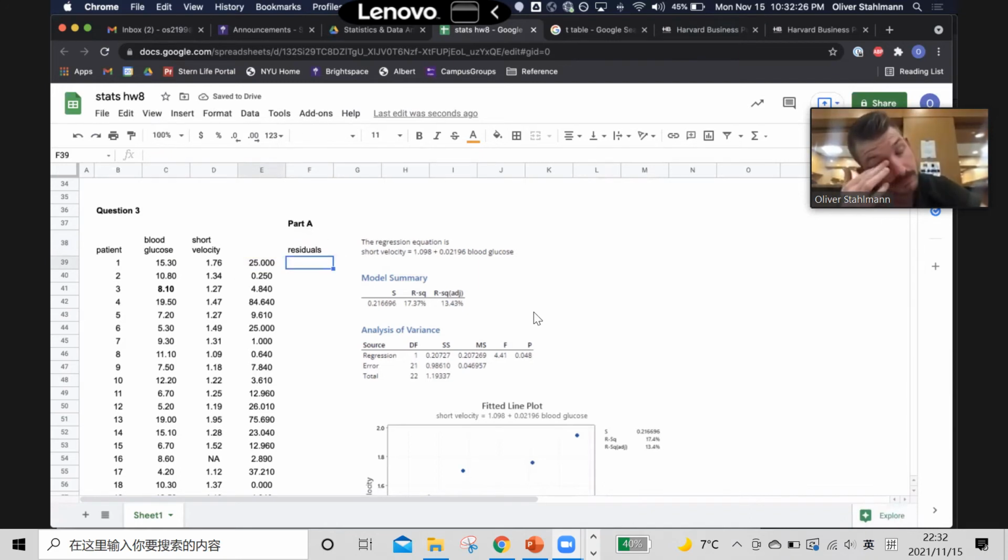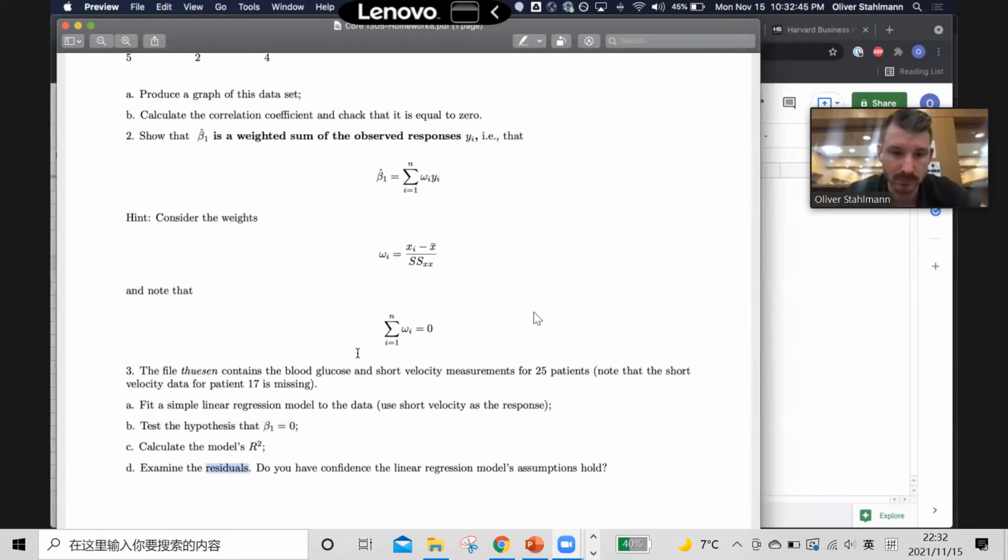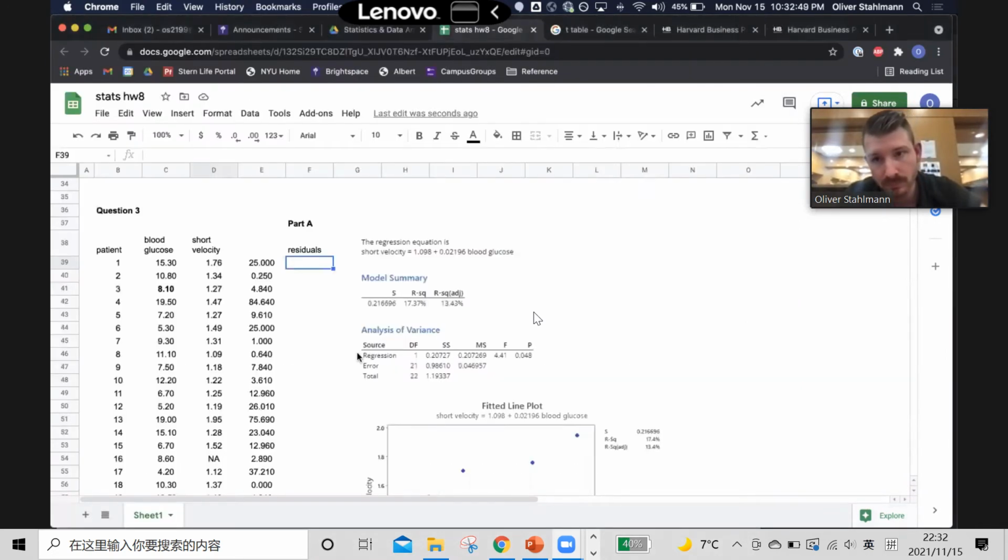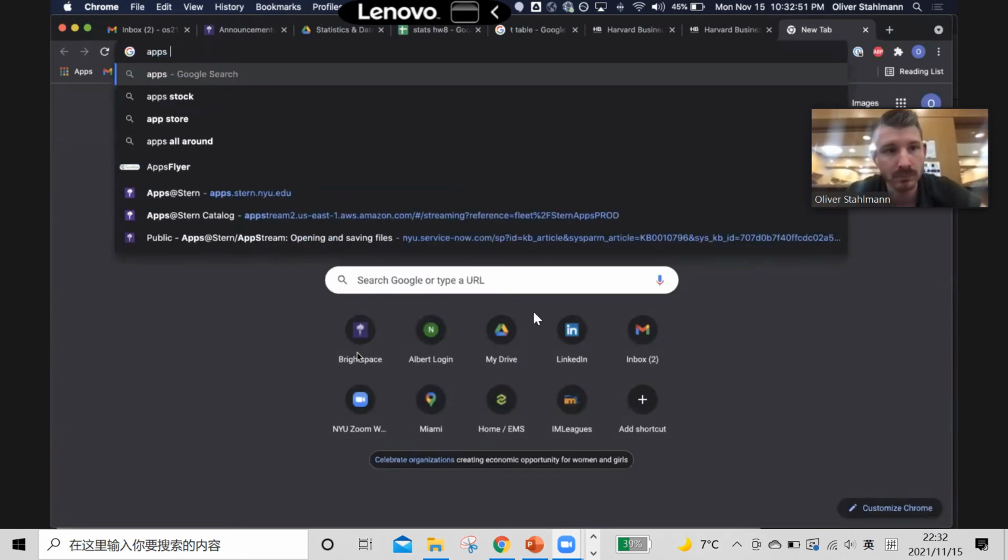By checking that option, the software generates the residual graph for you. By calculating the residuals, you only have 24 numbers, and it's very hard to make decisions or conclusions by merely looking at those 24 numbers. One way you can do it is you draw a residual graph, and that's pretty helpful.